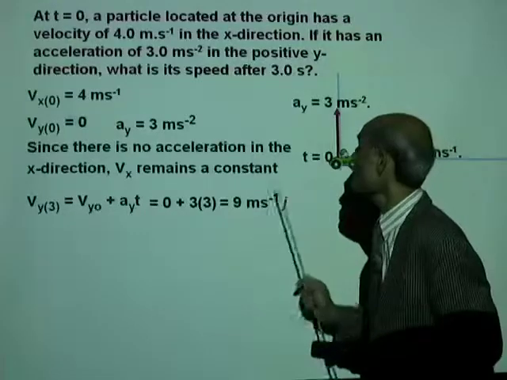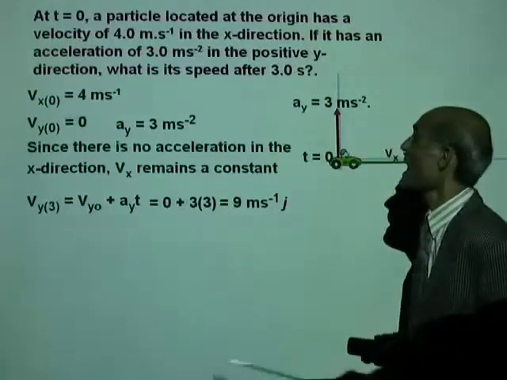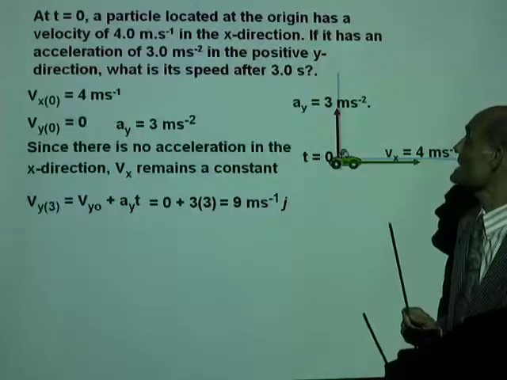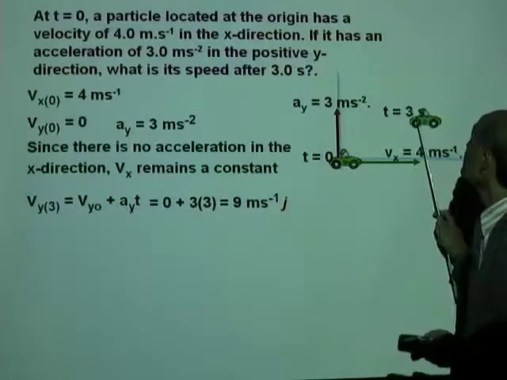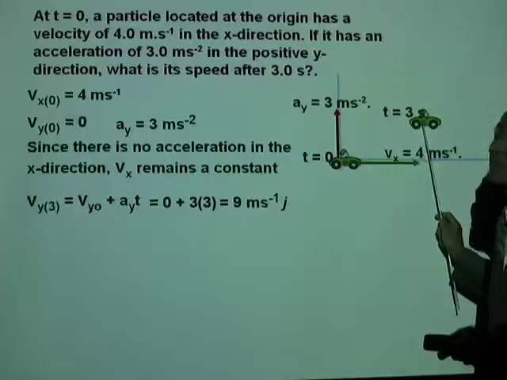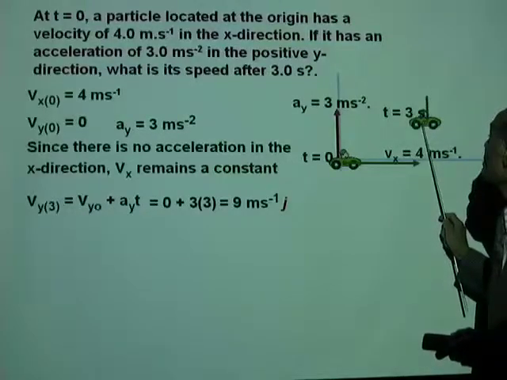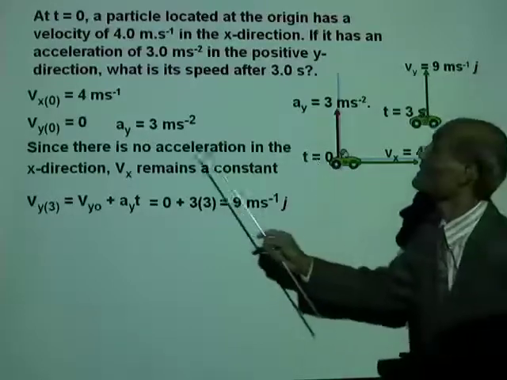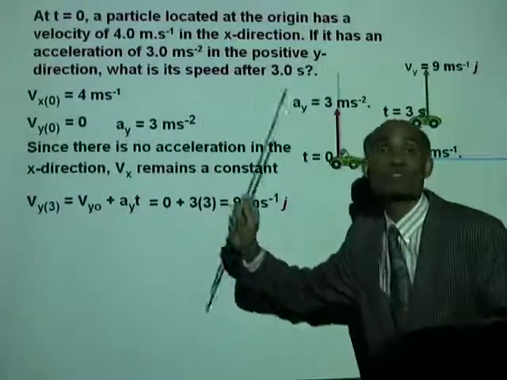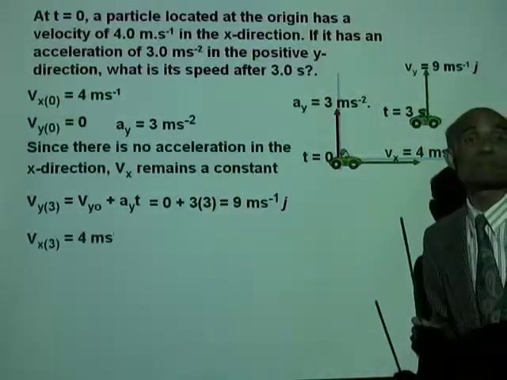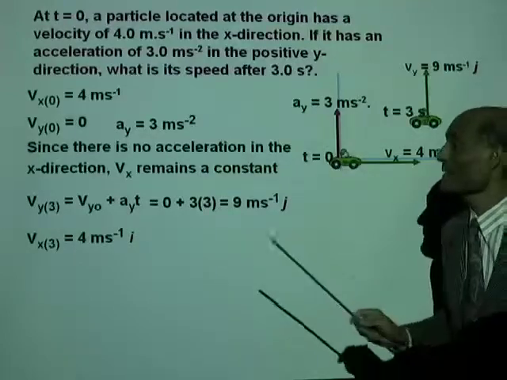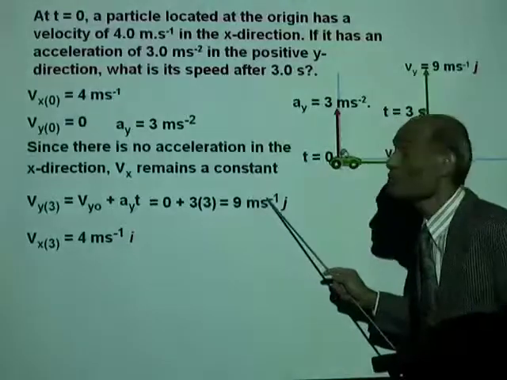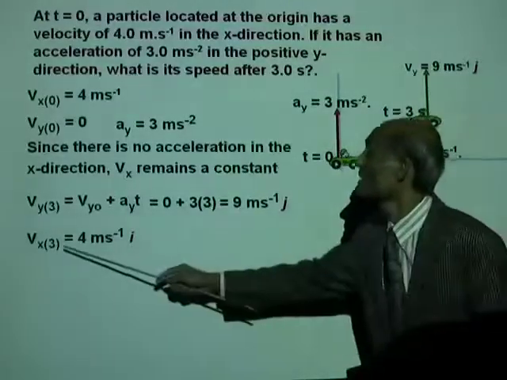So its y velocity after 3 seconds will be 9 meters per second j. So after 3 seconds, when the object comes here, it has a y velocity of 9 meters per second and an x velocity of 4 meters per second. See that?